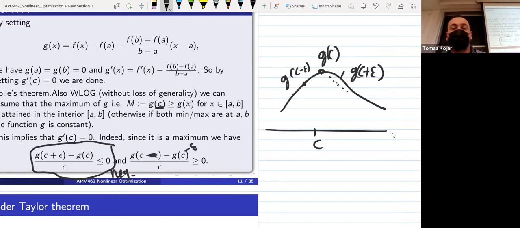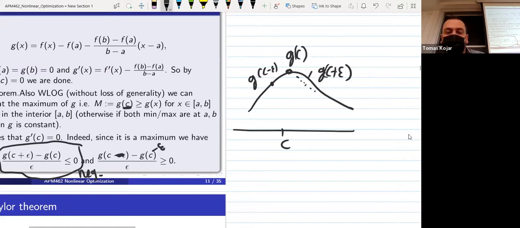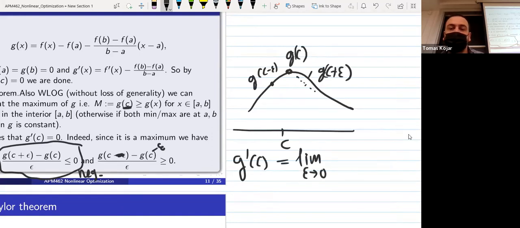All right, and then you learned that the definition of the derivative g prime at c is equal to the limit as epsilon goes to 0 from both left and right. That's the main reason. Let me write the first one.